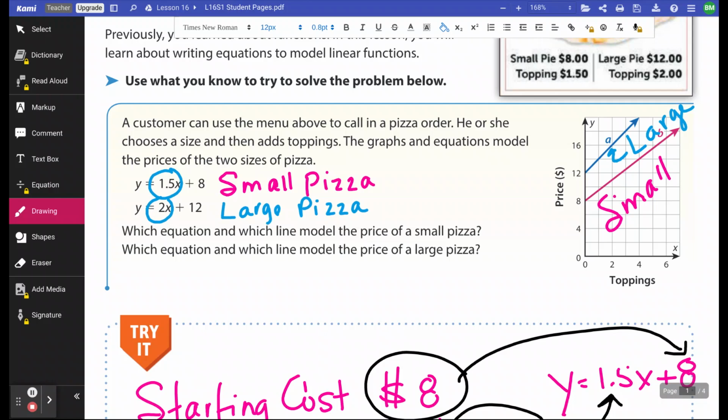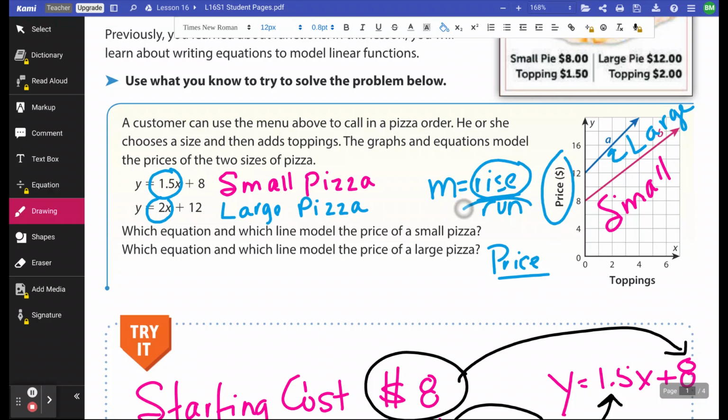So I want you to remember that the rate of change or the slope is equal to the rise over the run. If you ever forget, or if you ever are asked to interpret your rate of change, look at which axis represents rise. Well, that's price. So I could rewrite this as price over, and which axis represents run?